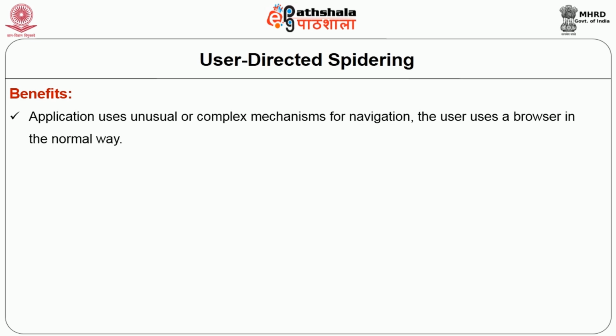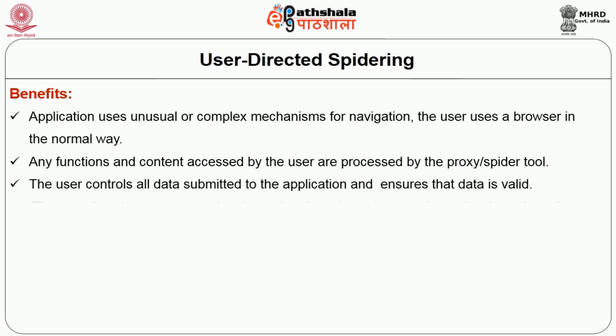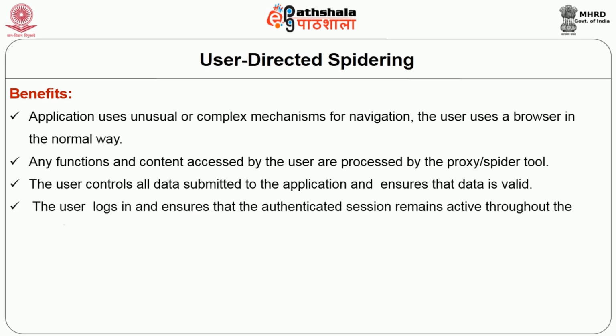Where the application uses an unusual or complex mechanism for navigation, the user can follow this using a browser in the normal way. Any functions and content accessed by the user are processed by the proxy spider tool. The user controls all the data submitted to the application and can ensure that data validation requirements are met. The user can log in to the application in the usual way and ensure that the authenticated session remains active throughout the mapping process.